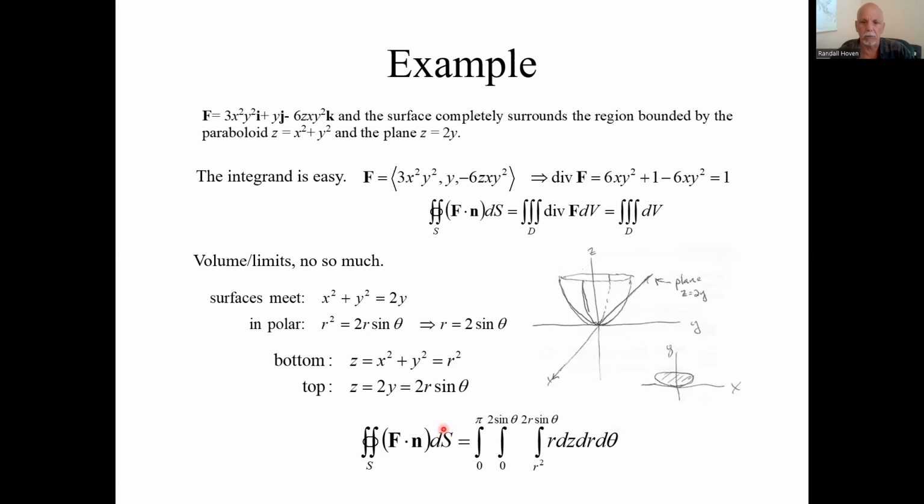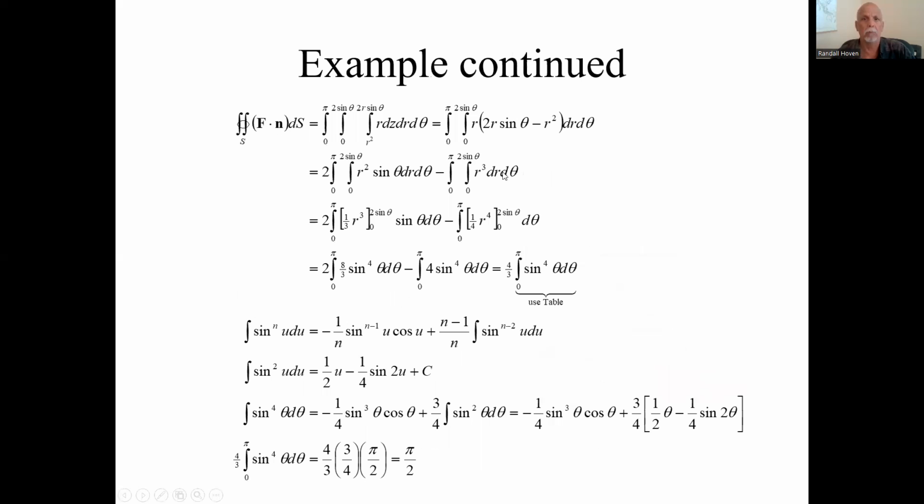This is the setup. At this point, all we've got to do is take a triple integral. I'm not going to go through this pain. Because the limits are not constants, we're going to have to iterate integrals. First, you do the inner integral, which will be over z. There's no z in it, so it's just rz, where z goes between these two limits.